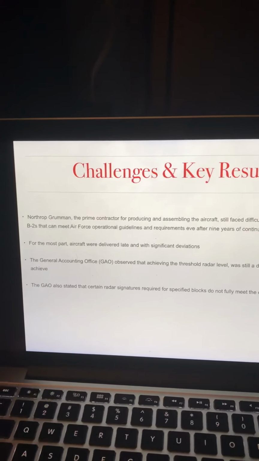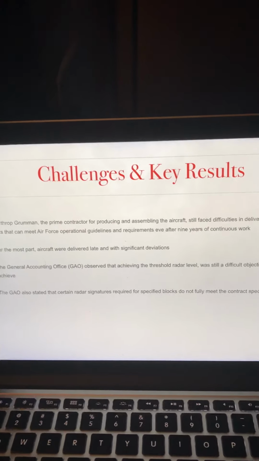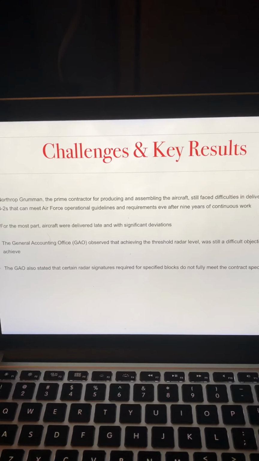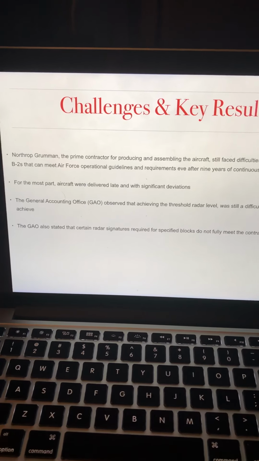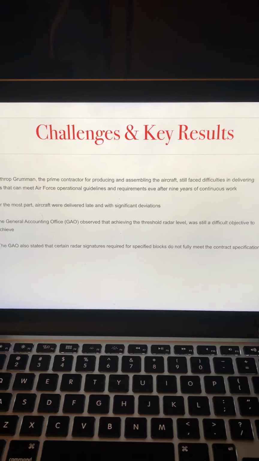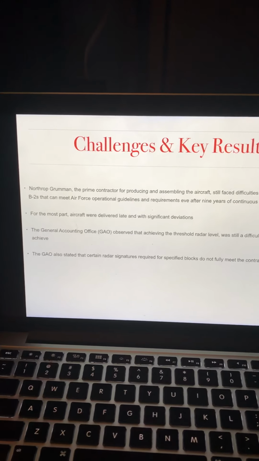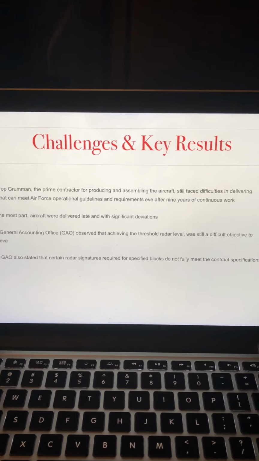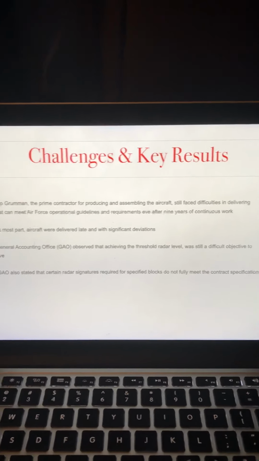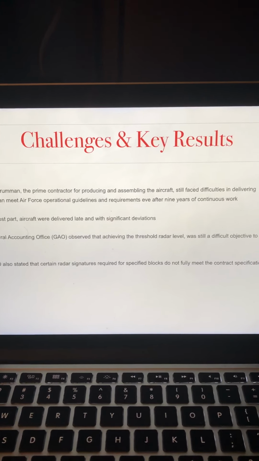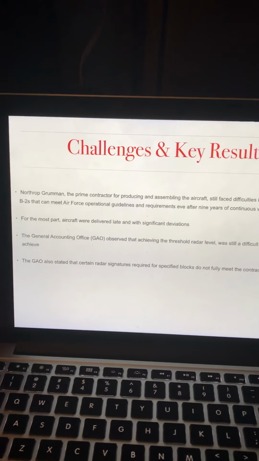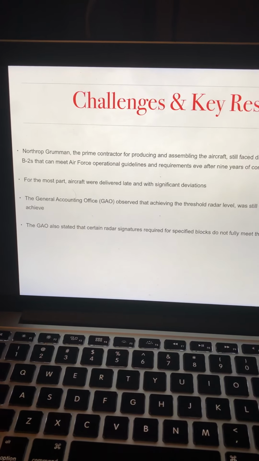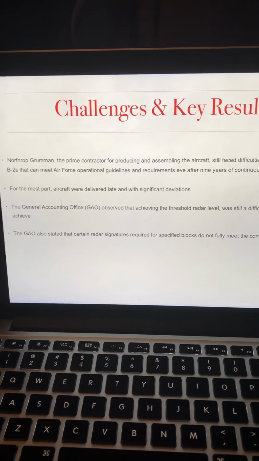So now I'm going to come on to the challenges and key results from the design studies that have been done. Northrop, the prime contractor for producing and assembling the aircraft, still faced difficulties in delivering B-2s that can meet Air Force operational guidelines, which have to be met very precisely for obvious reasons of safety and security requirements. Even after 9 years of work, for the most part, aircraft were delivered late with significant deviations.